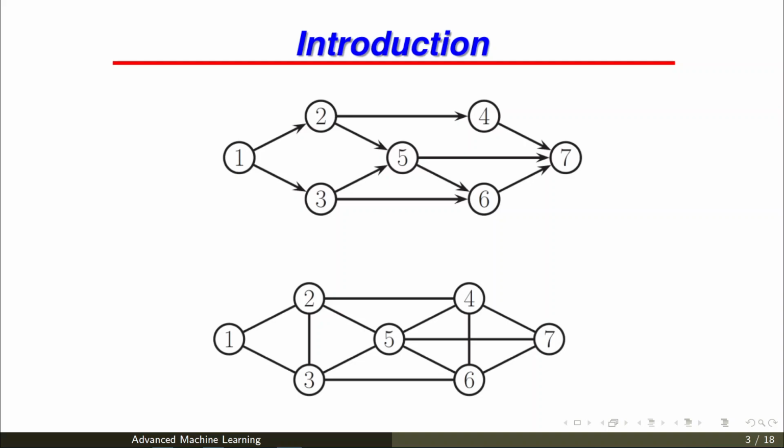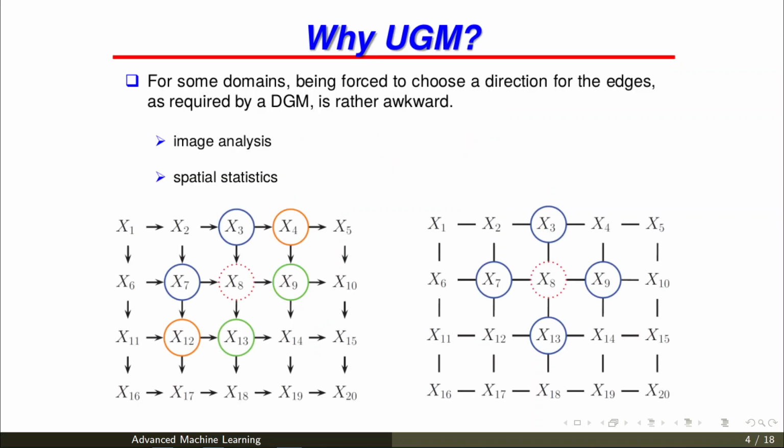When we moralize, we can see that whatever conditional independence relations were there in the directed graph may not be maintained in the undirected version. So why do we actually need undirected graphical models?